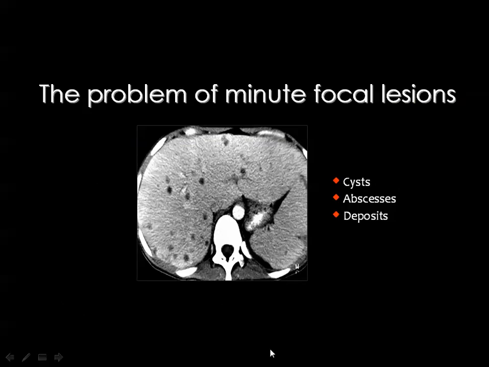Finally, we came to the problem of minute focal lesions. Whether these lesions are cysts or abscesses or metastatic deposits. Actually, this item, which is metastasis, is very important whenever the patient has a primary malignancy and you want to know whether these are metastases or otherwise.